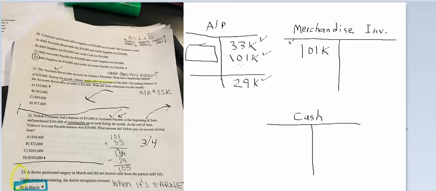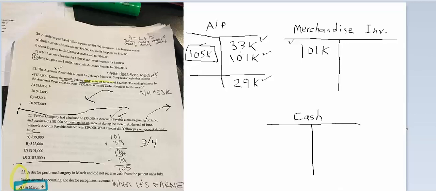So basically now you're just backing into it: if you take the beginning balance plus the additional merchandise inventory purchased on accounts payable through the cycle, and subtract the ending balance, you back into 105,000. So 105,000 had to be what Yellow paid on account during June.